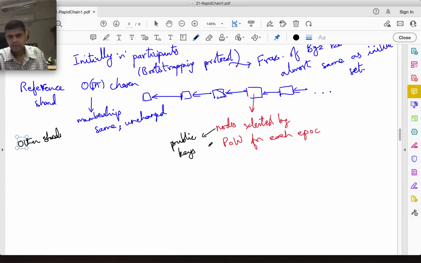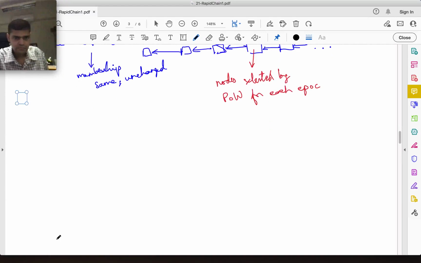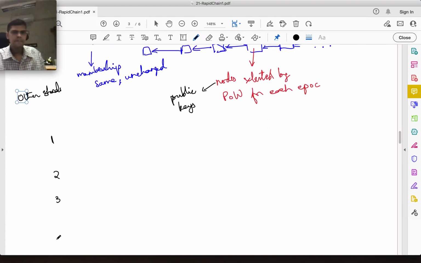And of course we'll have to figure out which of those nodes are going to go to which shard. Okay, but suppose we have these various shards 1, 2, 3 and so on. Okay, so let's say that there are various epochs of time.